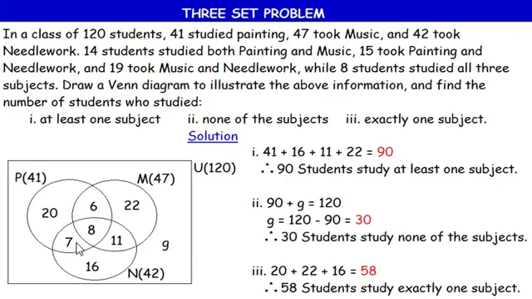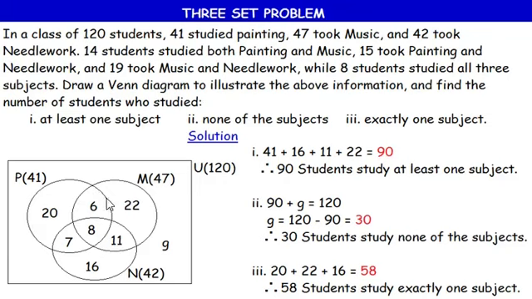So we just add up 7 to 8 to 6. 7 plus 8 is 15, 15 plus 6 is 21. Then we subtract the 21 from the 41, and that gives us 20, because this region plus this region plus this region plus this region must add up to 41.